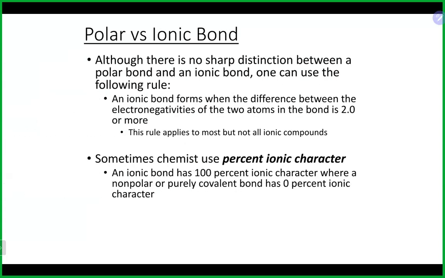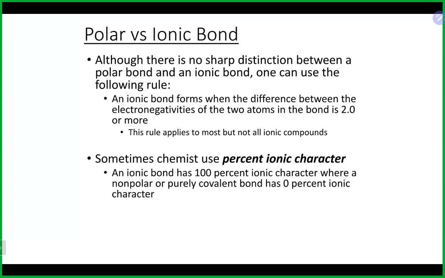And as I mentioned earlier, that cutoff of 2 for ionic is not perfect. There definitely are combinations of metals and nonmetals that will get you an electronegativity value less than 2, but that's why you can default on the metal and nonmetal. We don't use it all that much here in this class or in most classes, but instead of polar and nonpolar, sometimes people used to talk about percent ionic character of a bond.